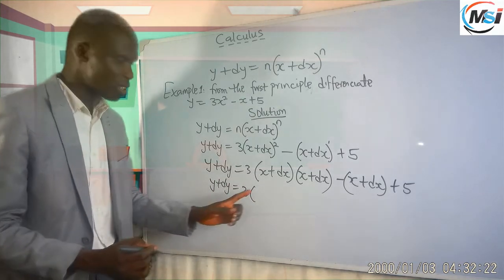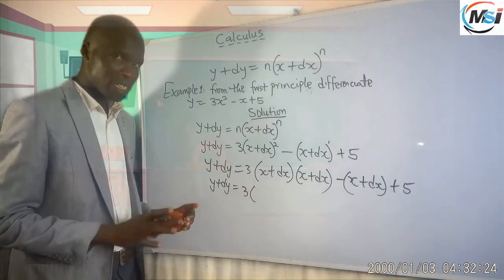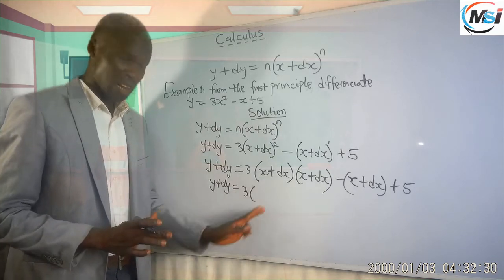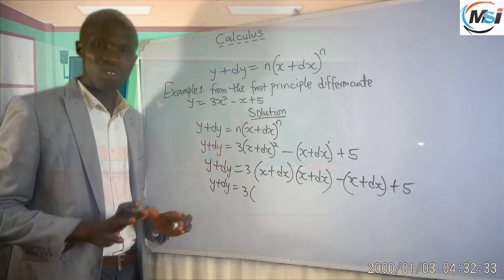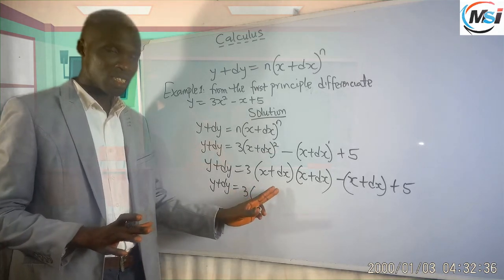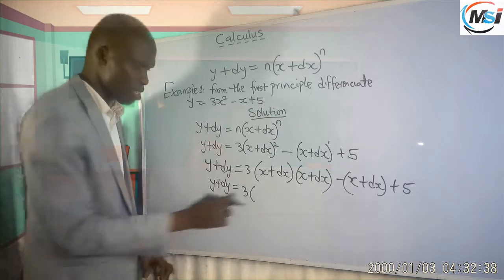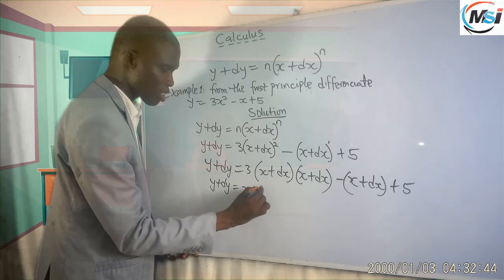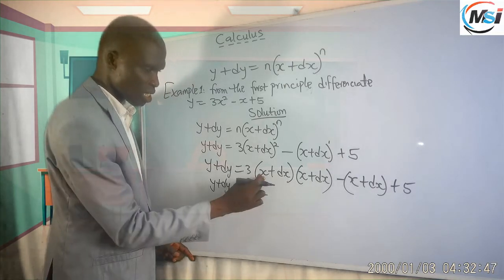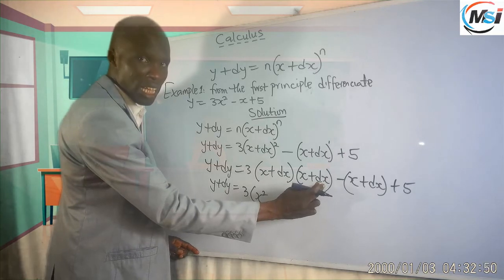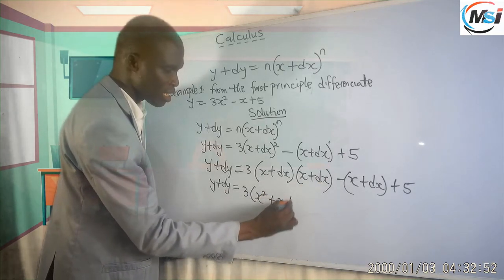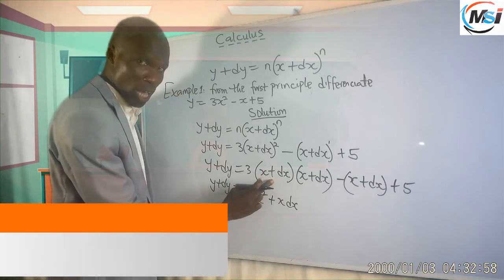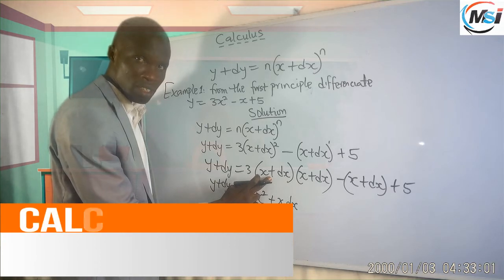Now we want to open this bracket. Now please pay attention here. If you miss it here, everything is a 0. So you need to pay attention while opening this bracket. So let's do it together. This x multiply this x, we have x squared. This x multiply this dx, we have plus x dx, then remain this, we have plus here, am I right?